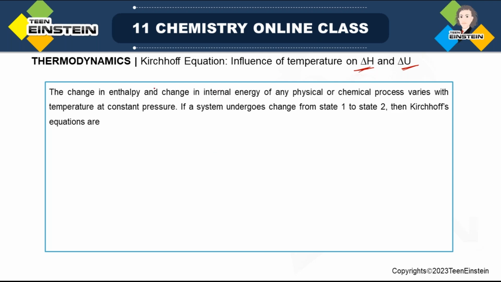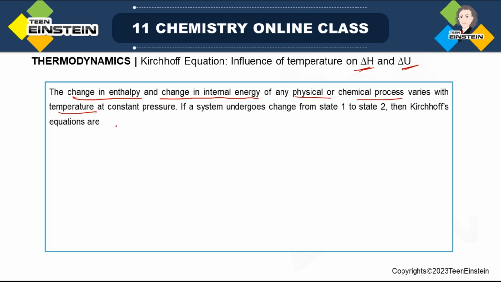So the change in enthalpy and change in internal energy of any physical or chemical process is obviously not fixed with temperature change. So suppose you are doing a particular reaction at temperature T1 and you are doing the same reaction at another temperature T2.